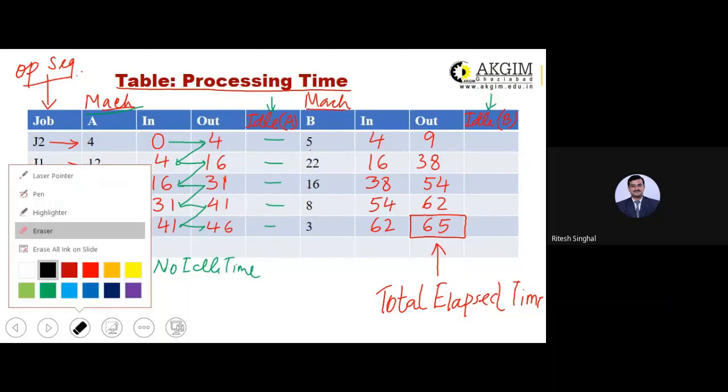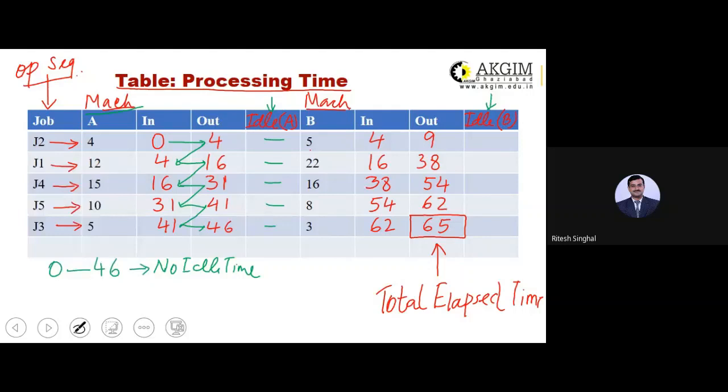Now let's see machine B. Student, keep one thing in your mind, that idle time is to be calculated from 0 to 65. Beyond 65 and before 0, we are not responsible for any idle time.